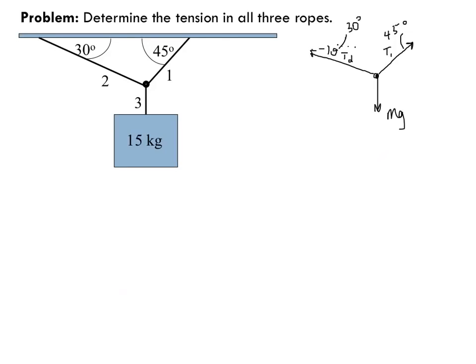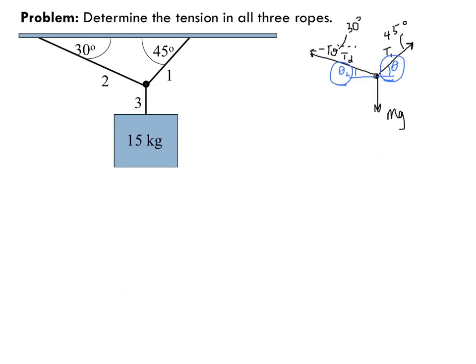So for me, I think it's a little easier to see the forces if I write the angles down here instead. So because of our properties from geometry, I know that this angle is 30 and this angle is 45.